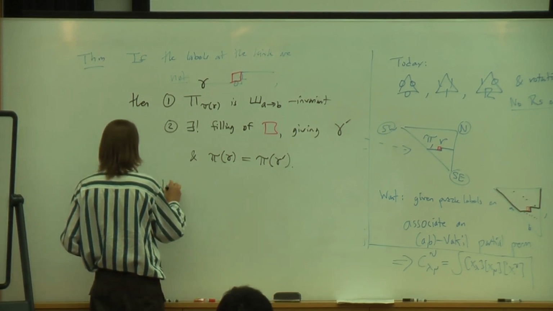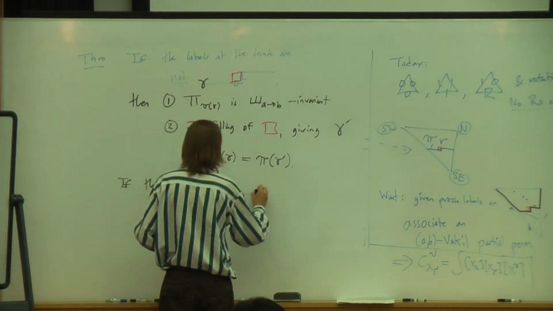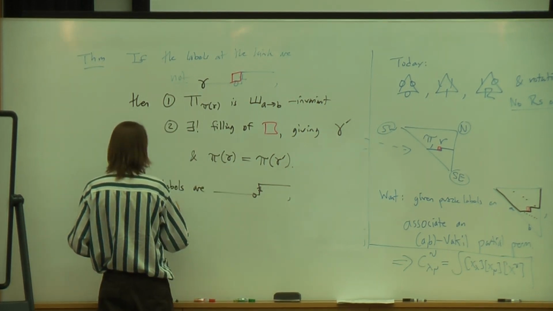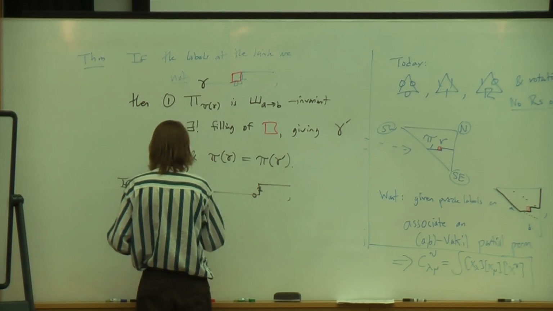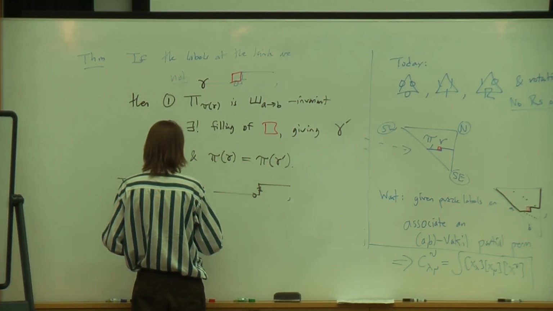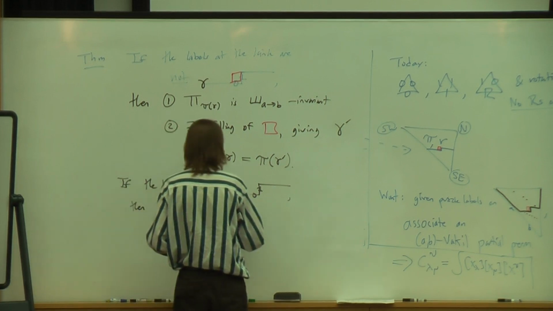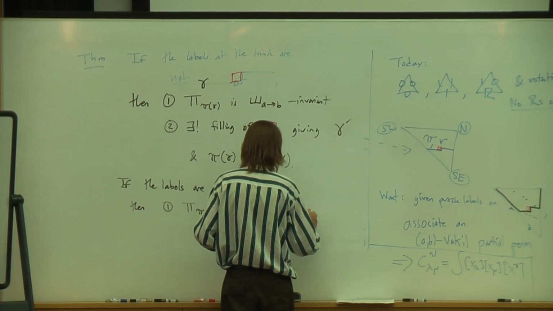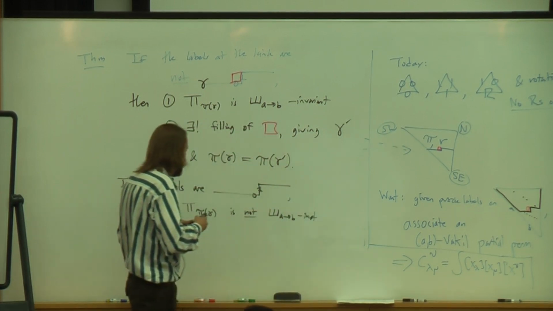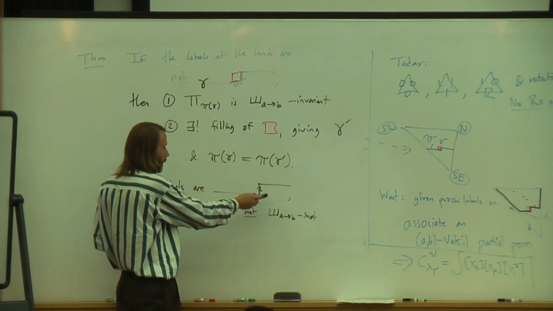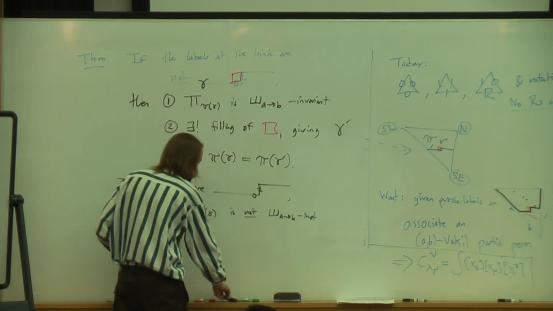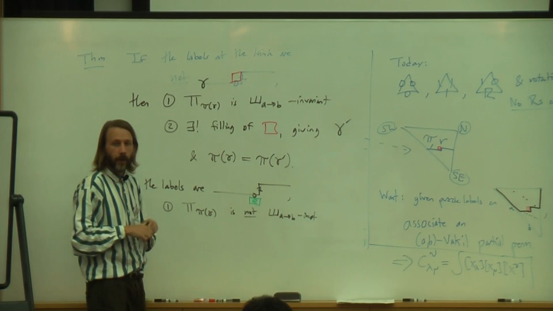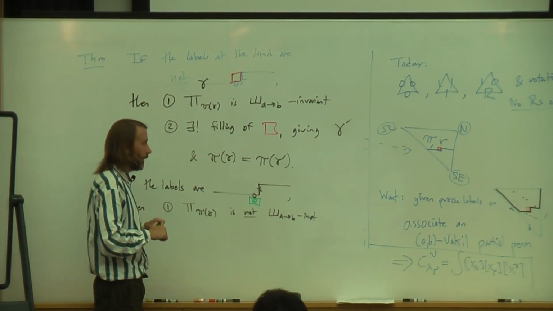So if the labels are the interesting case 1, 0, then on the geometric side, we find out that the variety is not shift invariant. And more specifically, the only way that this thing was not shift invariant was that right under here, there was an essential box in the diagram of pi gamma.